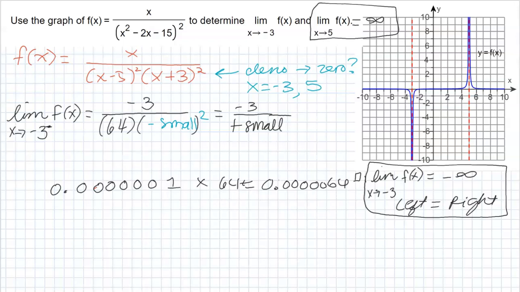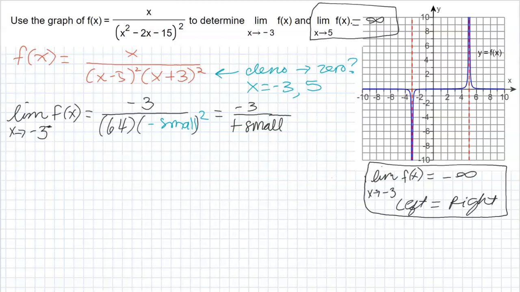That still is a small number. And remember, we're going very close to negative 3, so that the difference is going to be even smaller and smaller. So a tiny number multiplied by a constant is still going to be a tiny number.